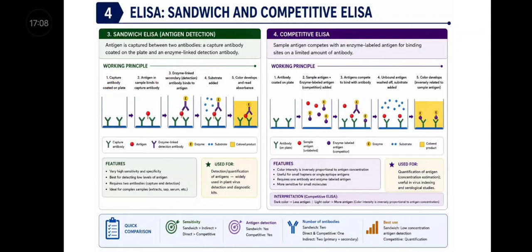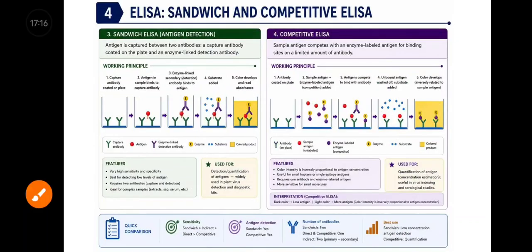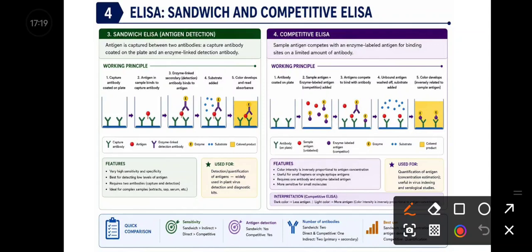In case of indirect ELISA, the sequence is antigen, antibody and antibody, whereas in case of sandwich ELISA, it is antibody, antigen and antibody. Okay, just this difference is there. Then the substrate will be added and the color change will be detected spectrophotometrically.